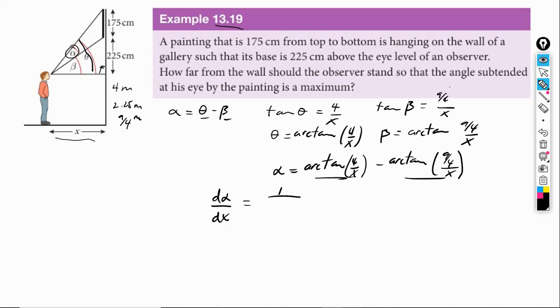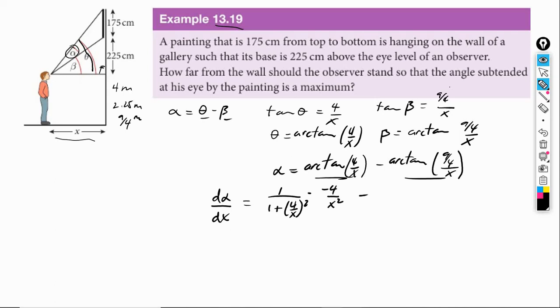So in this case, 1 over 1 plus (4 over x) squared times the derivative of the inside. We have to do the chain rule. Now notice that this is the same as 4 times x to the minus 1. So it's going to be minus 4 over x squared.